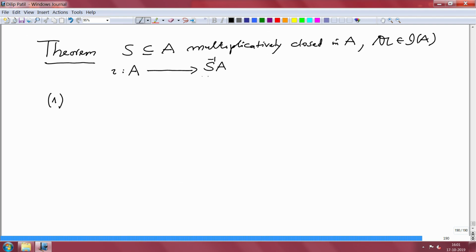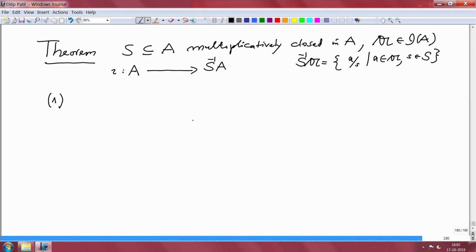Okay, what is the image of A? For A in ideal, I will denote S inverse A. This is precisely all those elements A by S, as A is in Gothic A, S is in S. Remember that this is not the image of A under this map. Image of A under this map will not have denominator other than 1, but I have extended that a little bit.